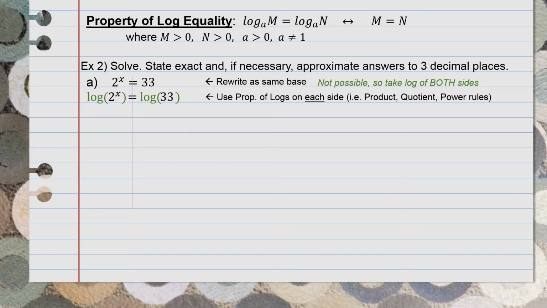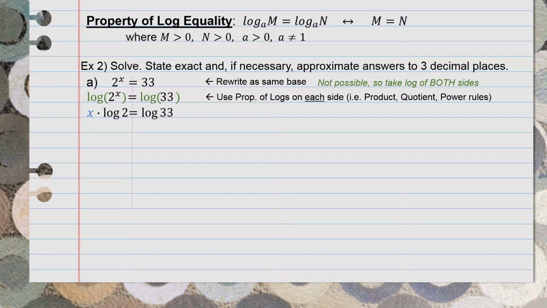The power rule means I move the exponent directly in front. It now becomes the coefficient. So the left side is now x log of 2. On the right side, I just have log 33. There's no powers, there's no multiplication or division, so it will remain log of 33.